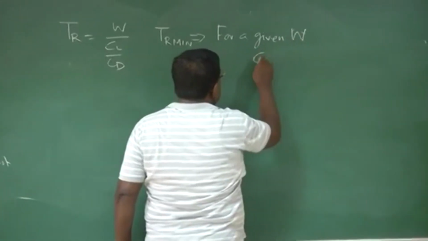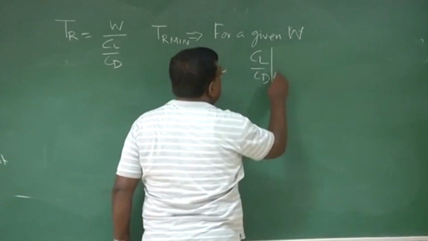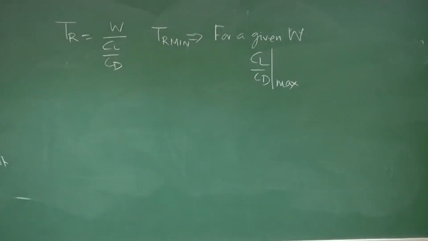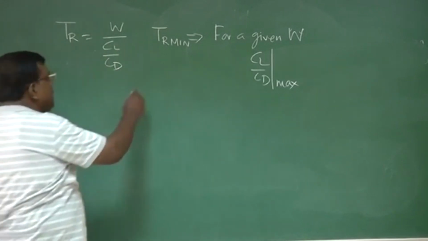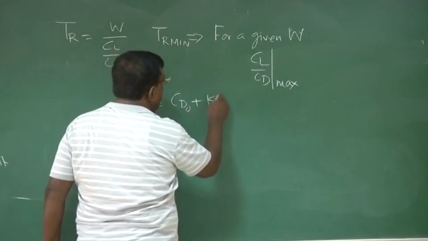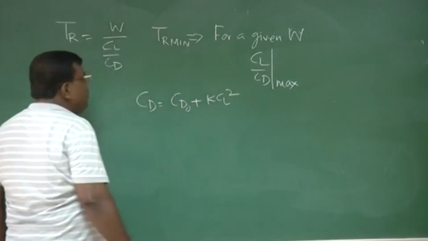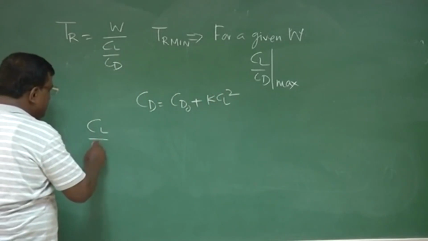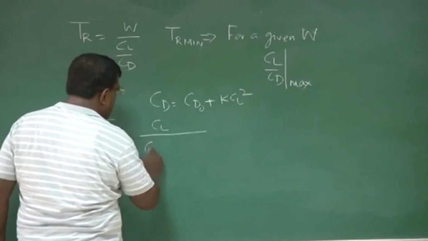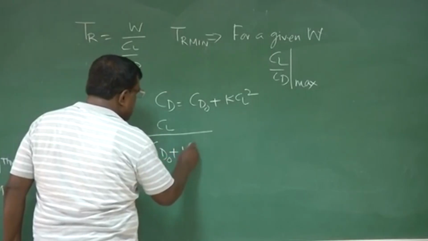What is the meaning of CL by CD to be maximum? We know that CD is basically CD naught plus K CL square. So what is CL by CD? It will be CL by CD naught plus K CL square.